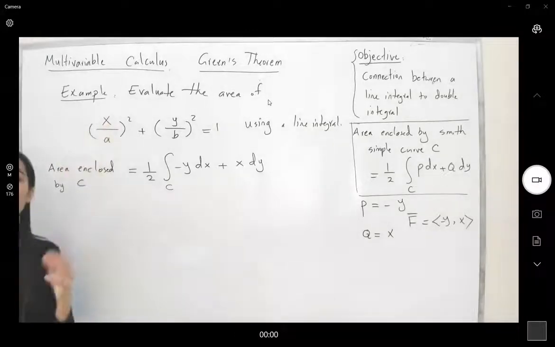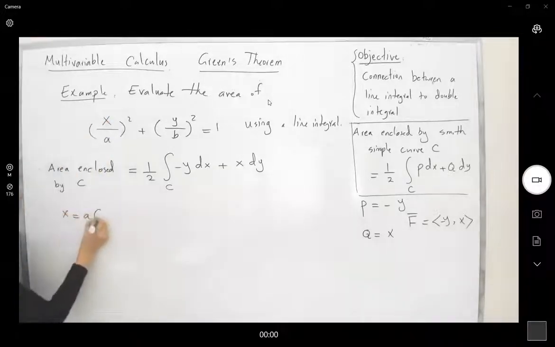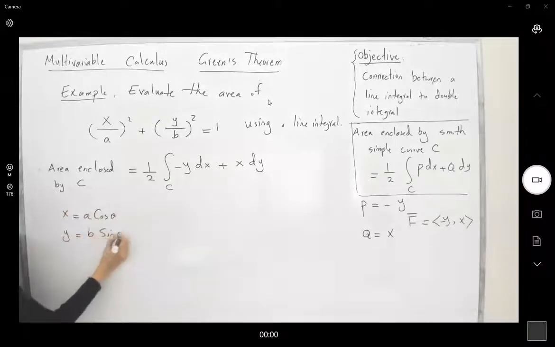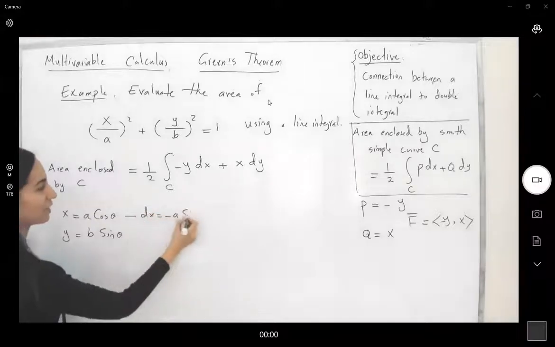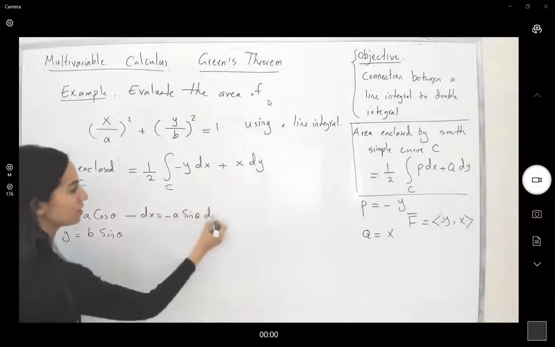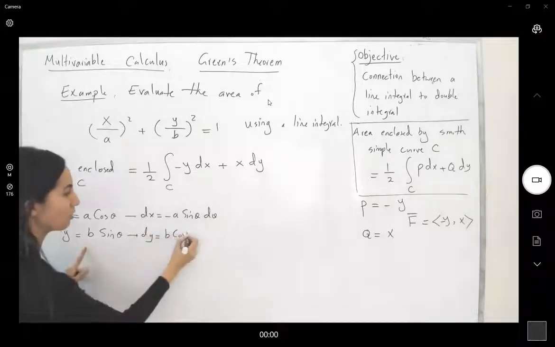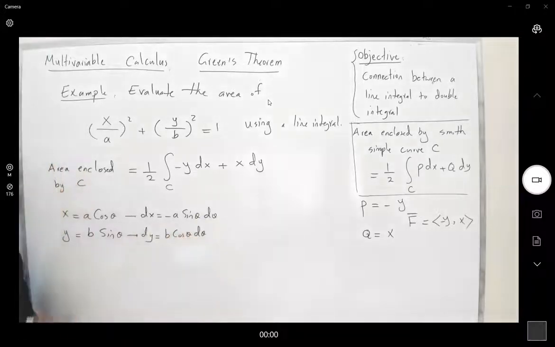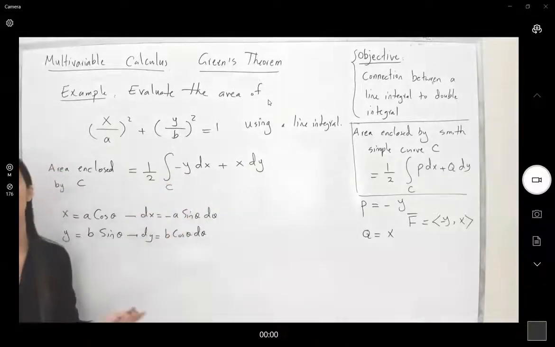Isn't it easier for us to just convert x into a cosine theta and y into b sine theta? Then dx is negative a sine theta d theta, and dy is b cosine theta d theta. Then we can just plug them here. We can substitute all and get rid of all of the x's and y's. Why not?